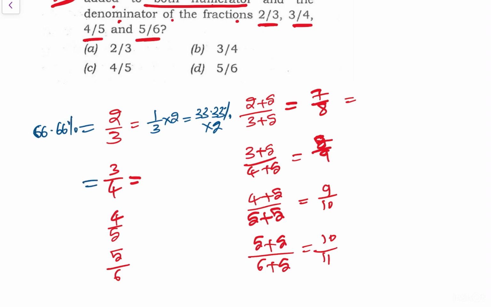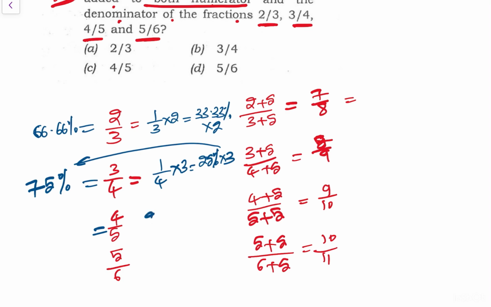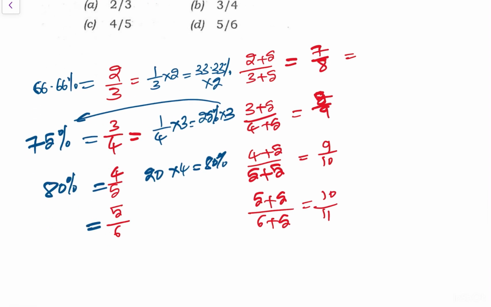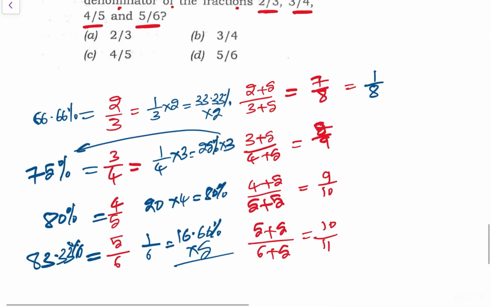Then again 3/4 is 75%. How to do it: we know 1/4 is 25%, into 3, so 75%. Then 4/5: 1/5 is 20%, into 4 is equal to 80%. Then 5/6: we know 1/6 is 16.66%, into 5 comes out to be 83.33%. Then calculate the same for 1/8. The value of 1/8 into 7 comes out to be 87.5%.